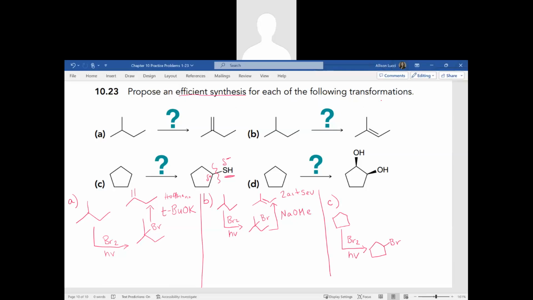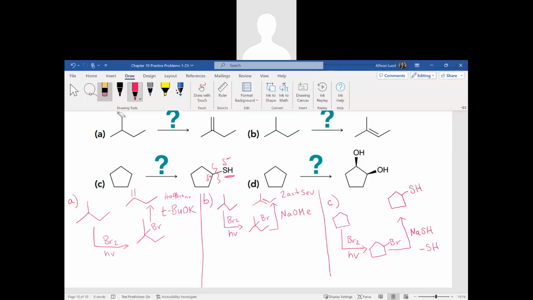So we can use something that has that nucleophile to substitute. We could use something like sodium hydrosulfide, NaSH, and we don't have a competing elimination reaction with this reagent because the SH is a strong nucleophile, but not a strong base. So we would just see a substitution and our target molecule here.